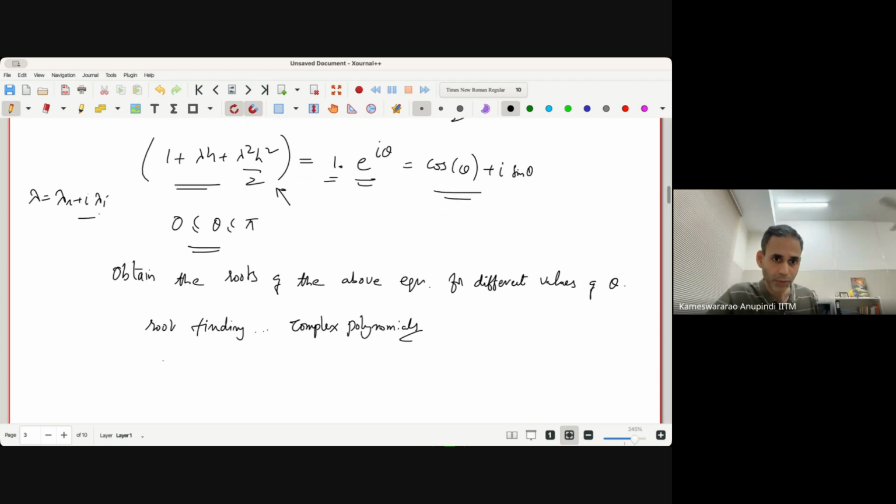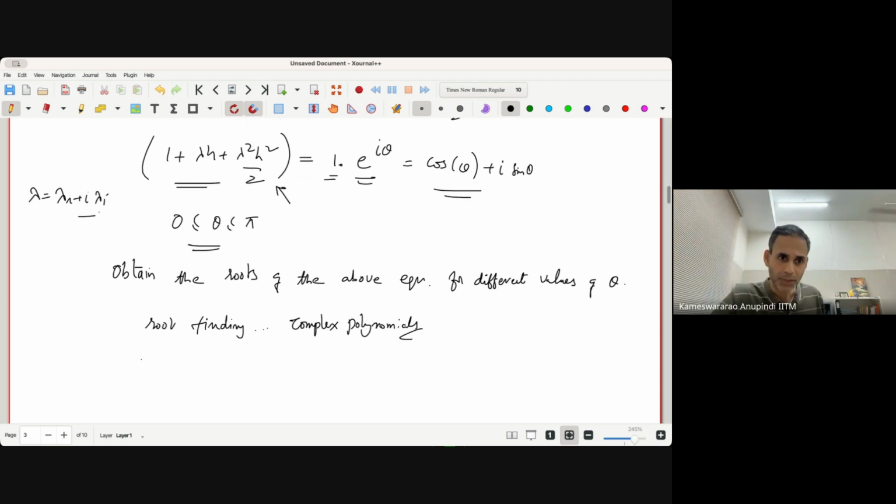That means either you have a complex root finding method, for example, the Newton-Raphson method or bisection method, which you can try to implement for a complex number, or we can look at a simple root finding method which works with real numbers, and then convert this thing into two.